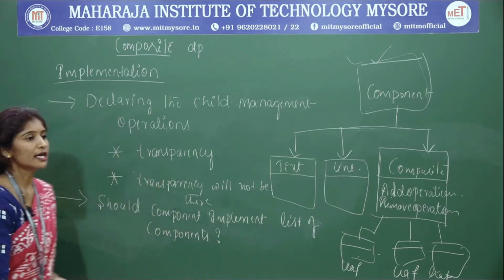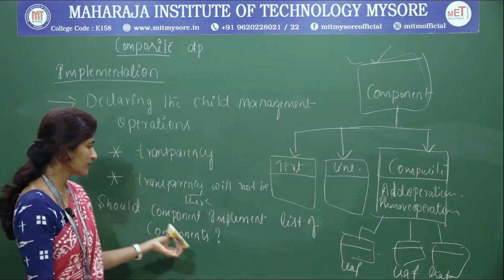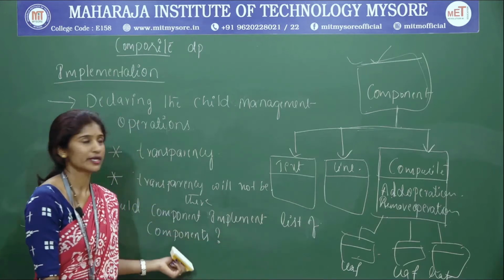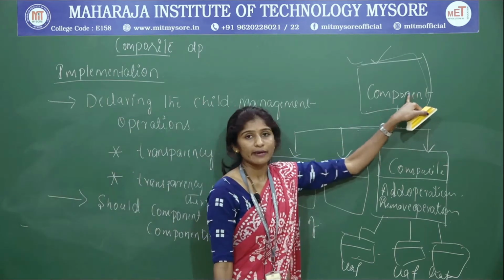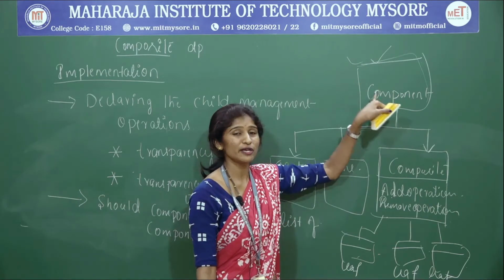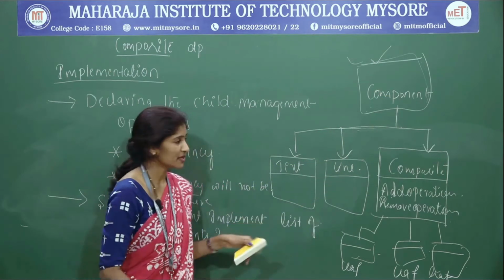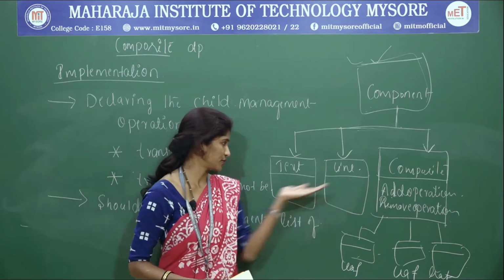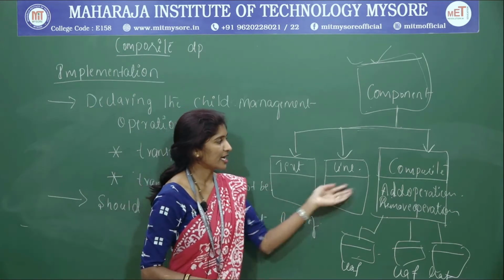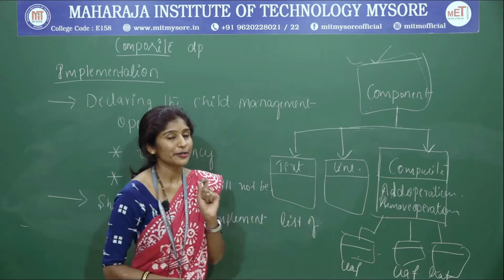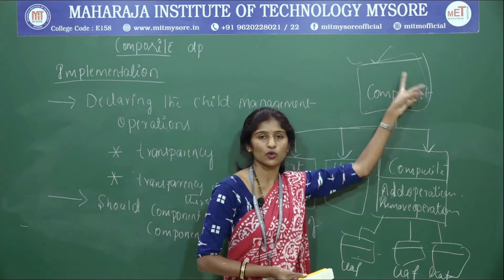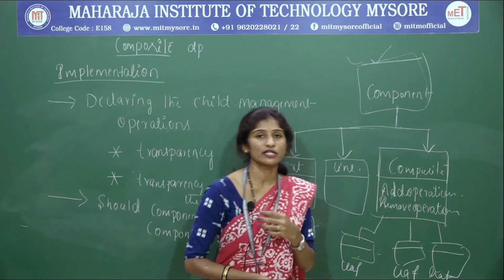This issue is asking the question: the component class, that is the parent class, should it implement the other components? The other components are all of these, the primitive components: text, line, composite. So whether I need to maintain a list of all these components in the component class only. This is a question mark, so you need to decide yourself.